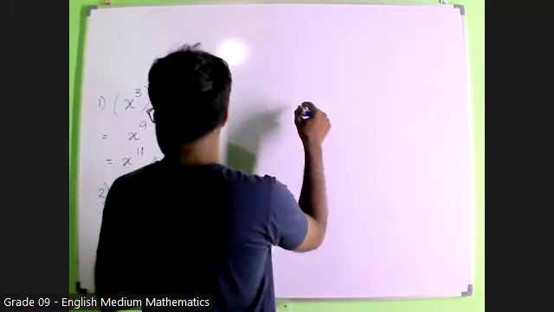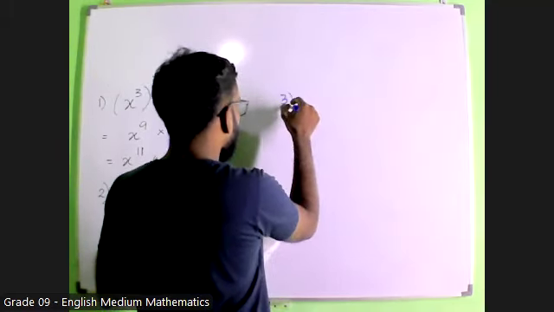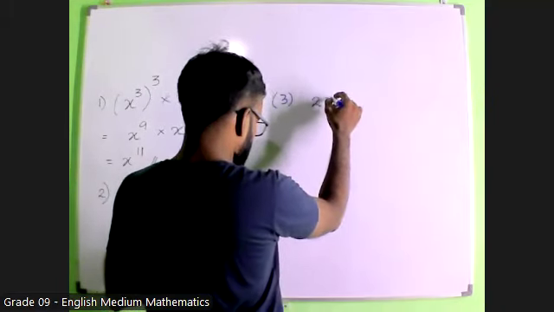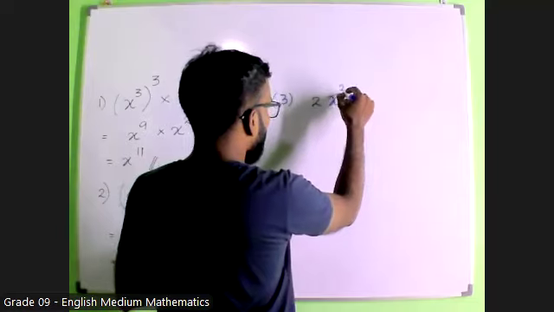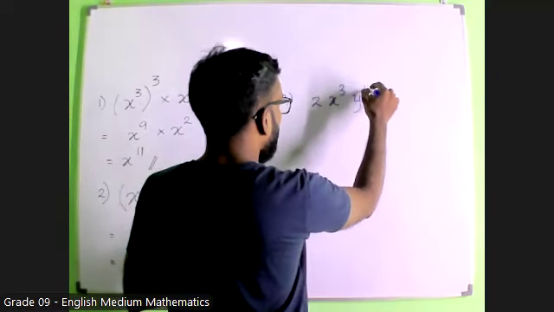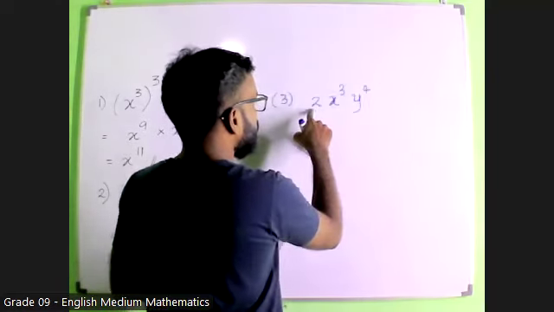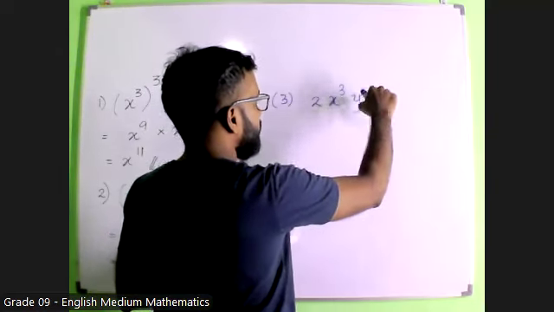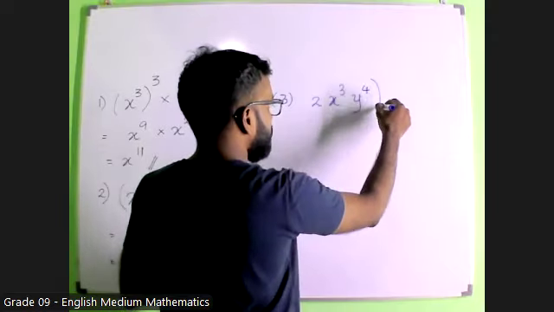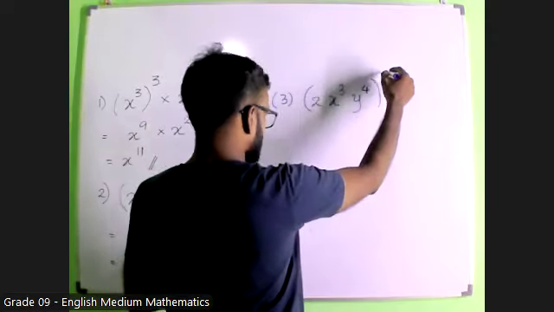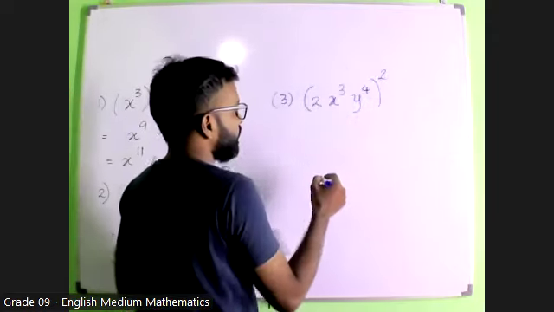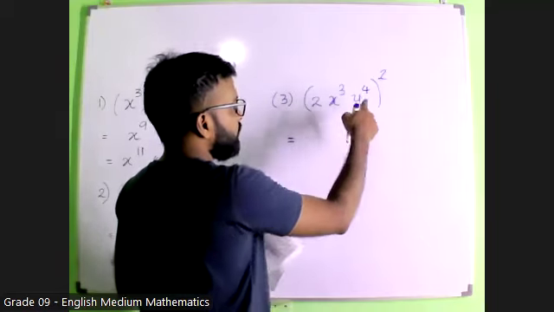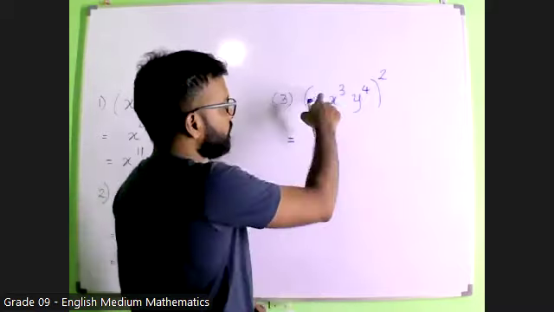Something like this: 2 times x to the power 3, y to the power 4, and the whole thing to the power 2. How do you do this? We need to multiply the powers.